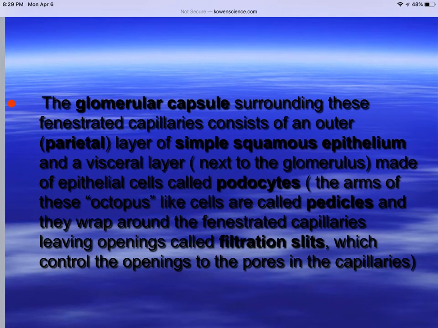So the glomerular capsule is surrounding the fenestrated capillaries, and the outer layer is the parietal layer. It's made up of simple squamous epithelium. And then the visceral layer, which is right next to the glomerulus, is made up of epithelial cells called podocytes. It's called podocytes because it has arm-like projections like an octopus.